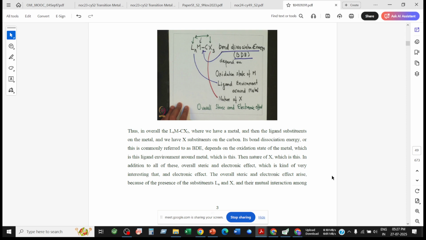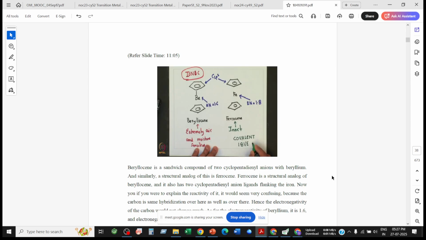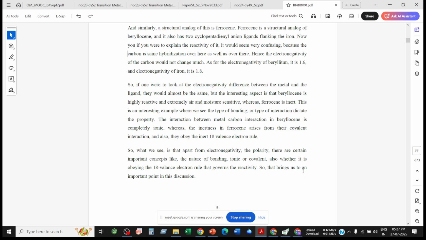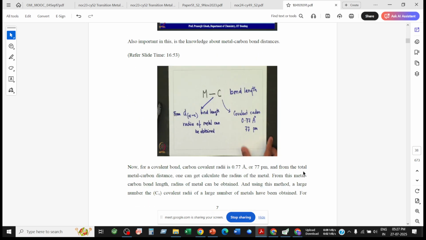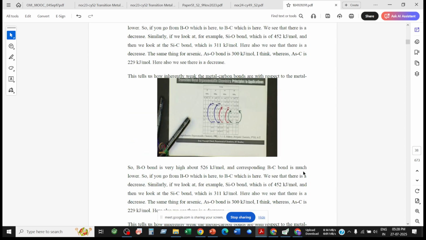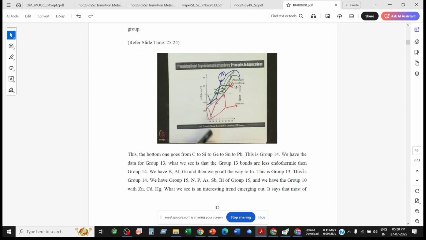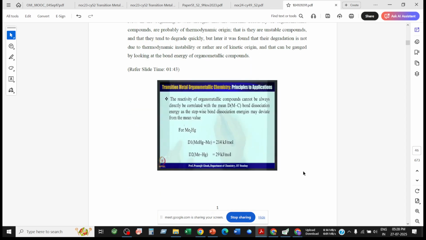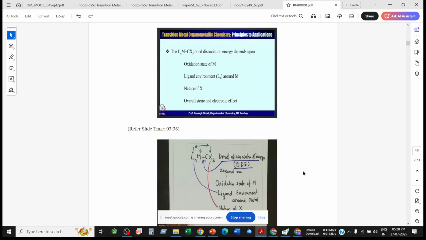Then there is the overall steric effect: if the surrounding ligands at the metal center are highly sterically demanding, the bond strength also changes. We'll read the lecture in more detail later. I'm just giving an idea of what is in the upcoming lectures 4 and 5.